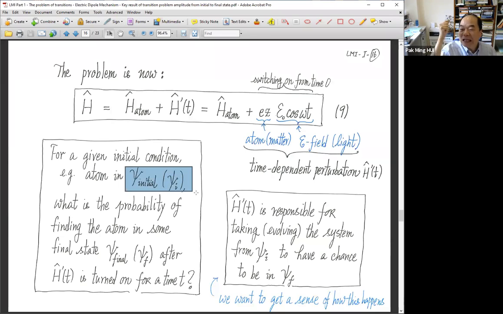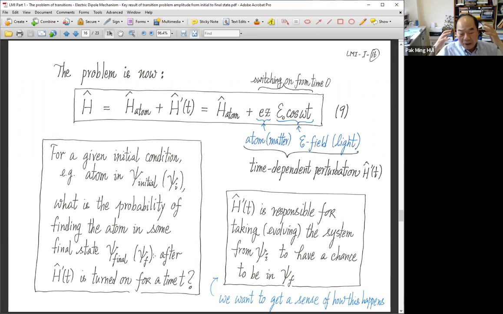The beginning of the perturbation comes in. Then I will ask, what is the probability of finding the atom to be in some other state? Not in the initial state, but in some other state that I call the final state, after some time t that the light has started working.